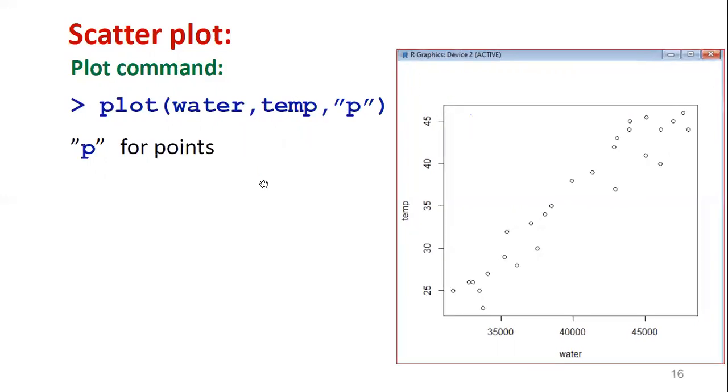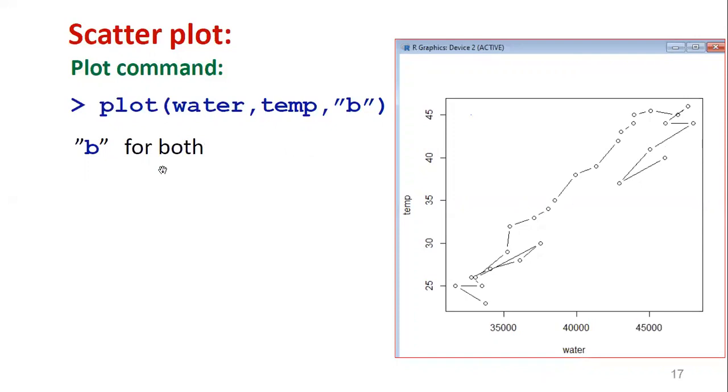Then coming to P for points. Without using P, by default also it shows points with circles. Then for label B, for both line and points, you can see line as well as points combinations are there.